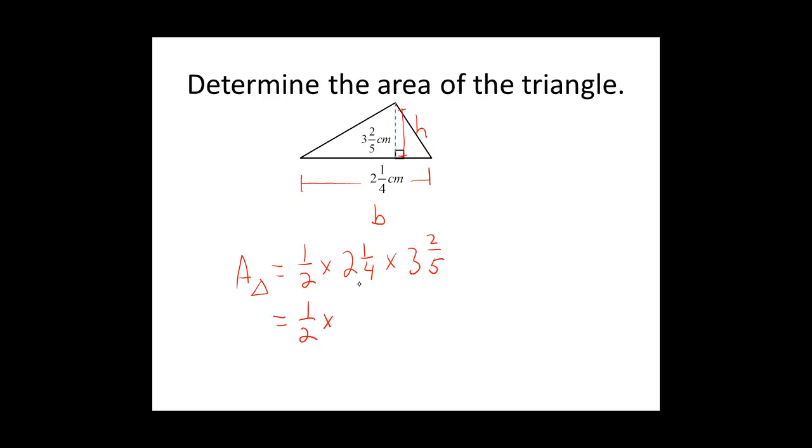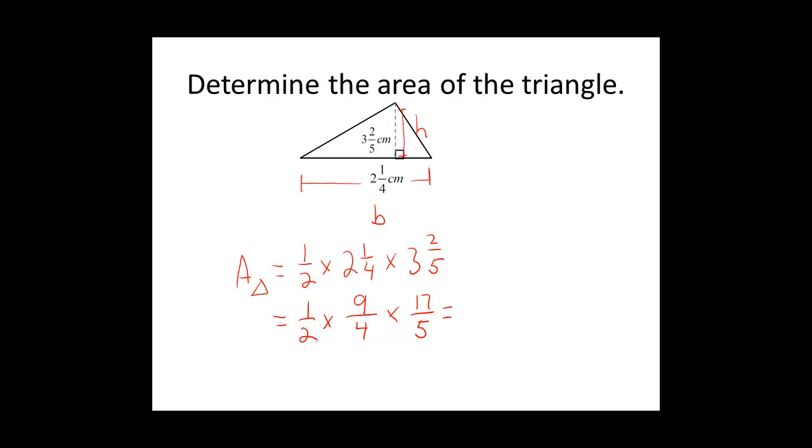We take the whole number, 2, times 4, which is 8, plus 1, which is 9, and we keep the denominator. 3 times 5 is 15, plus 2 is 17 over 5.